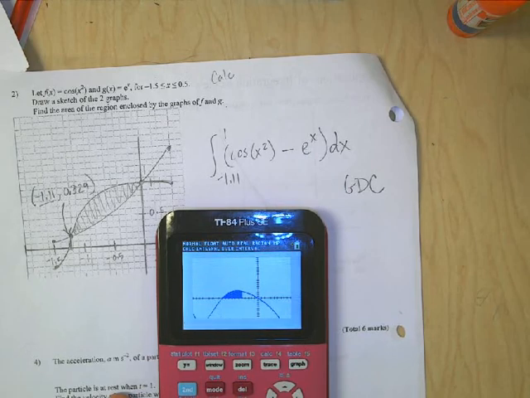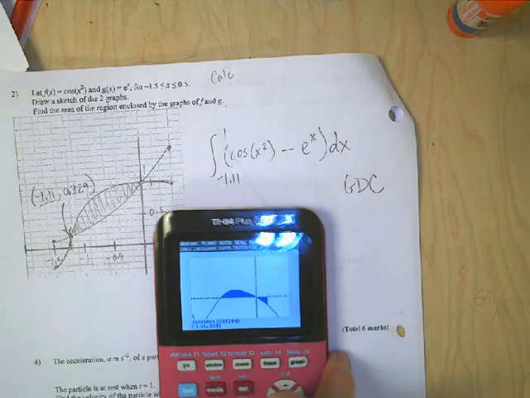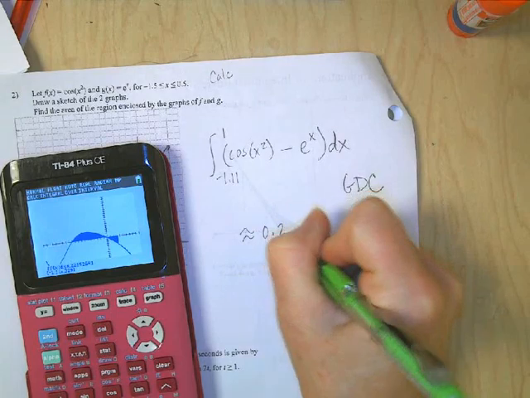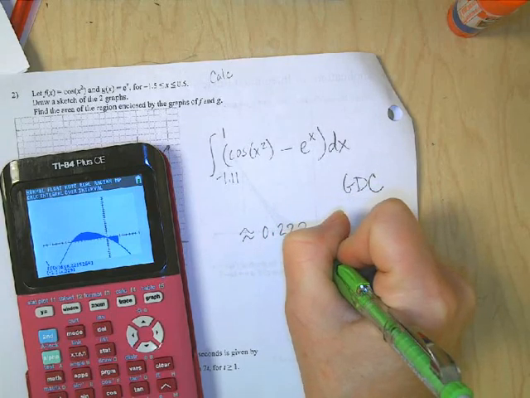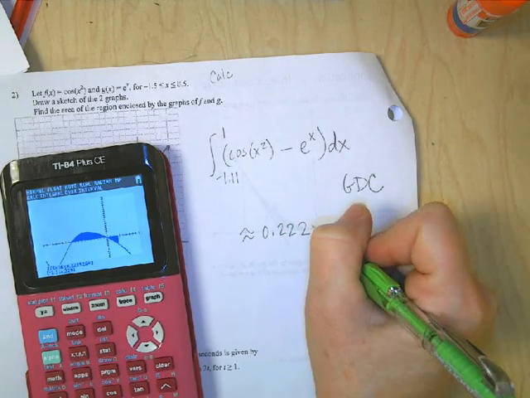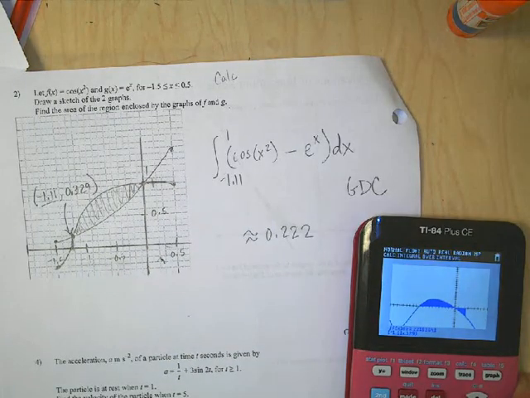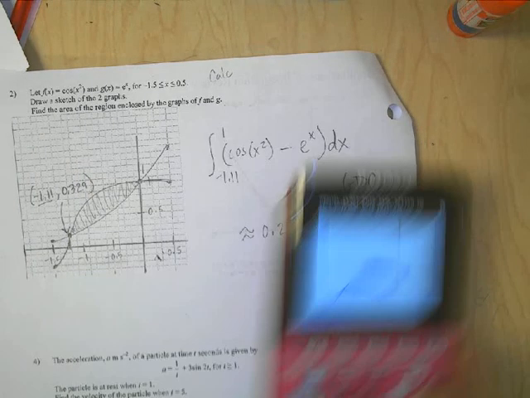And there is my area, and it is approximately equal to 0.22. Oops, wait a minute. Something went wrong because I got a different answer before. Did I put in the right number? Maybe I need to put more digits in here.